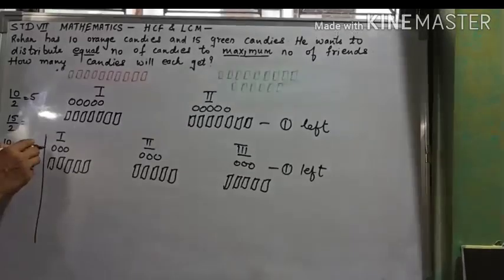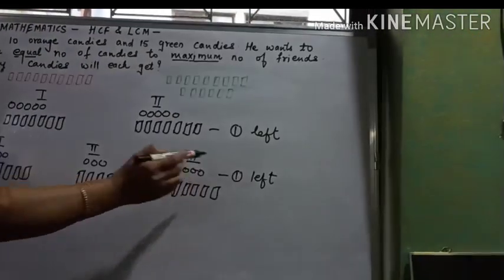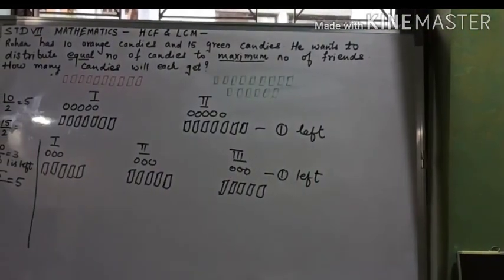Here 10 is not distributed equally because 1 is left. So he doesn't want to distribute among 3 friends.